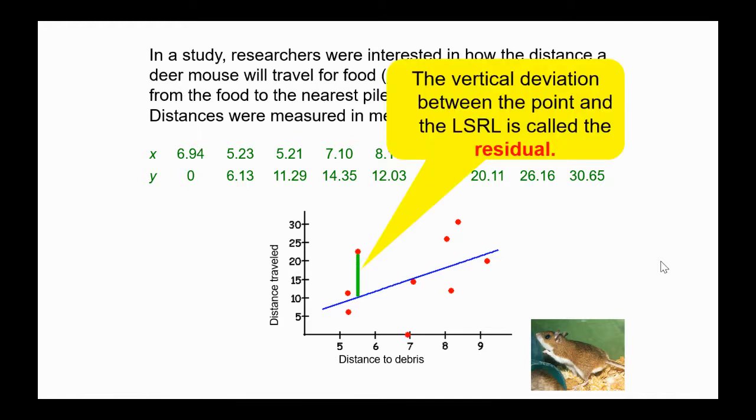So the vertical deviation between the point and the least squares regression line is called the residual. We kind of did a little bit with this yesterday when we were creating the line. But this distance is called our residual.